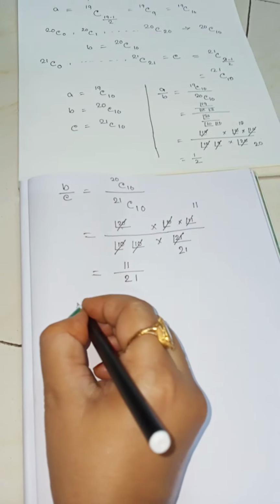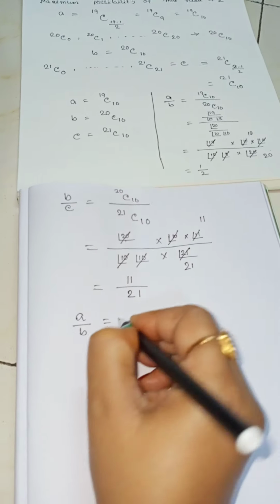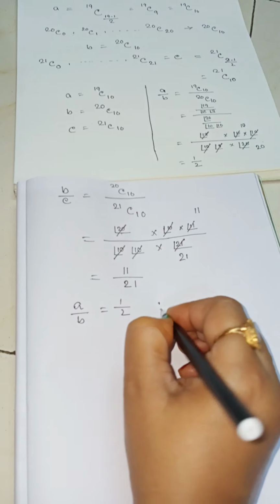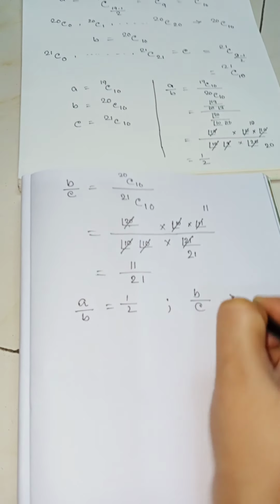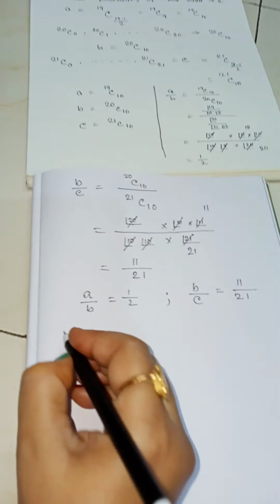So A by B is 1 by 2, and B by C is 11 by 21.